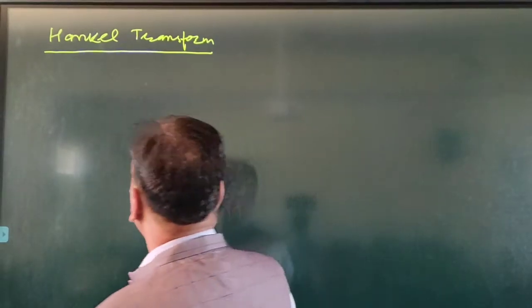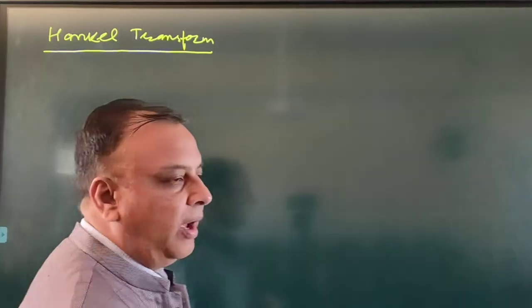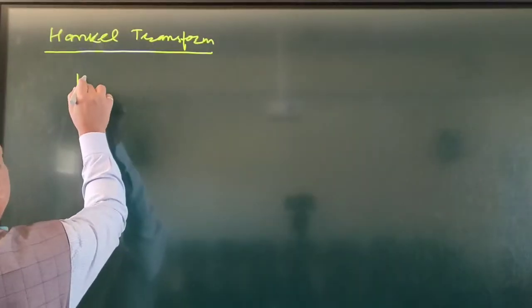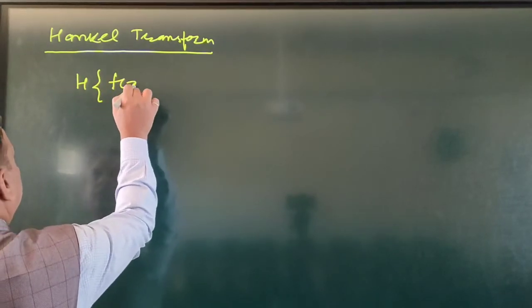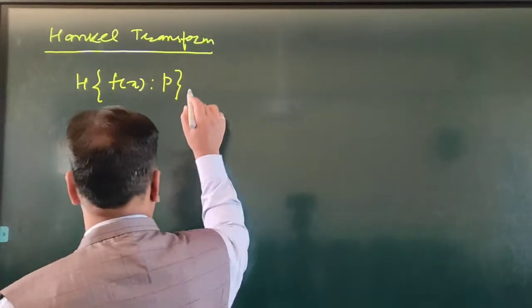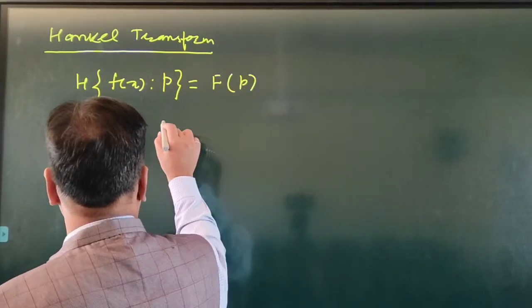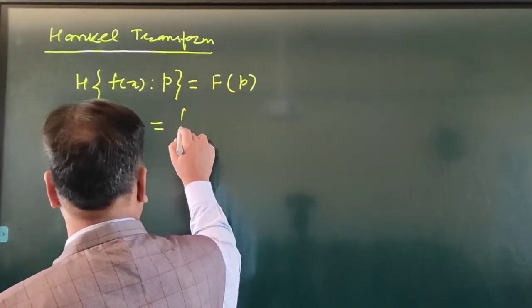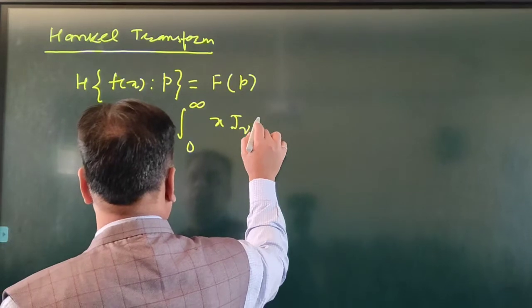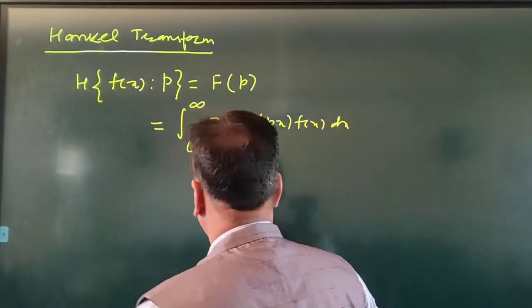As we know, the Hankel transform of a function f(x) with respect to parameter p is equal to f(p), and this is given by the integral from 0 to infinity of x J_nu(px) f(x) dx.